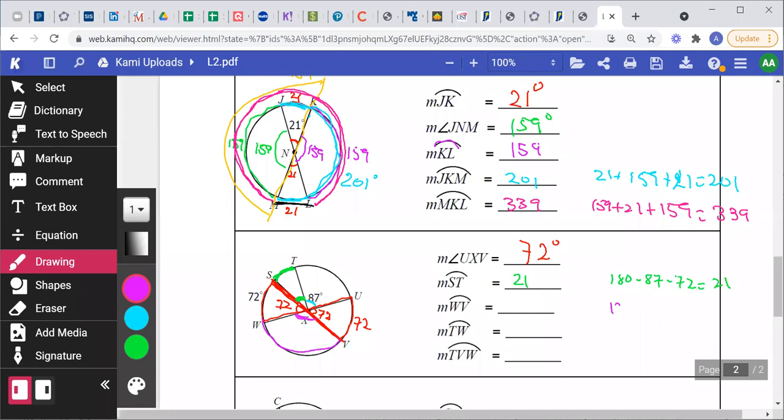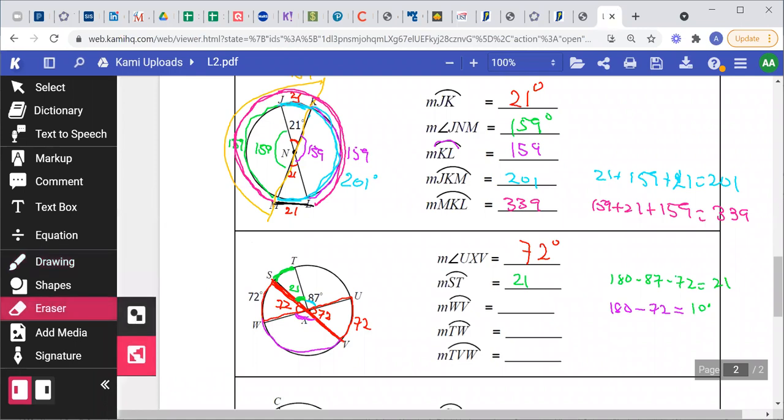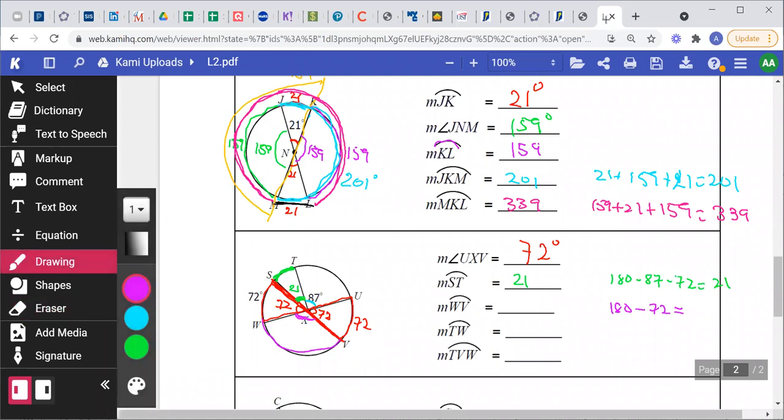So I'm going to do 180 minus 72, which gives me 108. I like using the same color so as to see what's going on. So here, this is going to be 108. So it means 72 plus 108, which is 180.